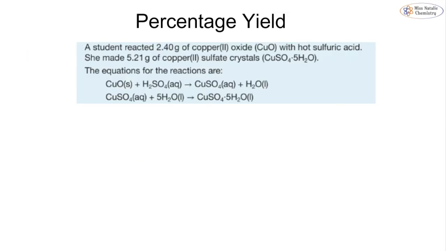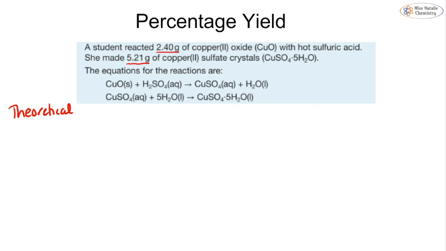So an example that we have here is a student reacting 2.4 grams of copper oxide with hot sulfuric acid, and she made 5.21 grams of copper sulfate crystals. And we've got two equations here to help us determine the percentage yield. So the first thing that we're going to have to do is calculate the theoretical yield. So that's our steps. Now we already have the balanced chemical equation, so we don't need to do that.